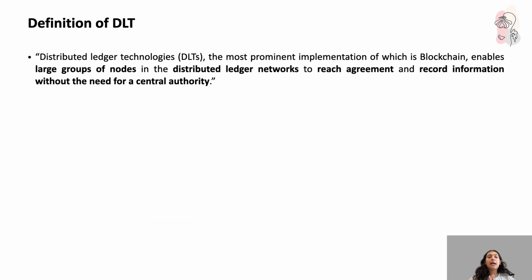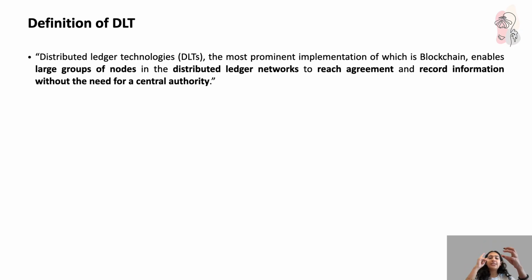So coming to this, we have a formal definition of DLT: distributed ledger technologies, DLTs, the most prominent implementation of which is blockchain, enable large groups of nodes in distributed ledger networks to reach agreement, that is consensus, and record information without the need for a central authority, that is decentralization. So you get it.